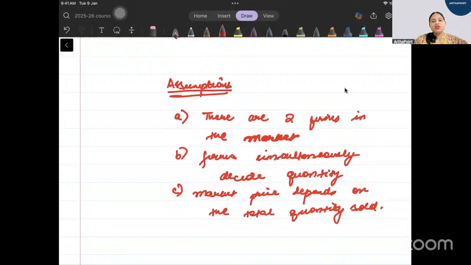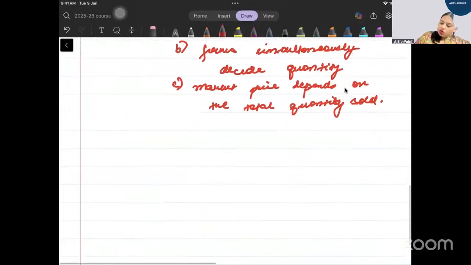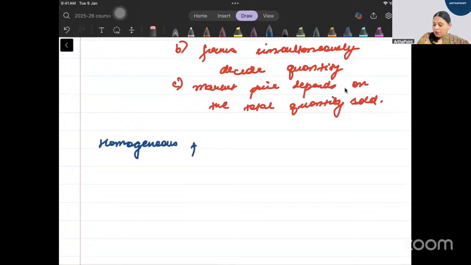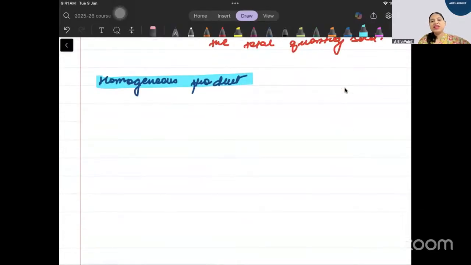Now you will write homogeneous products. Since the products are homogeneous, there is one price that will exist in the market, dependent on the total quantity sold in the market.